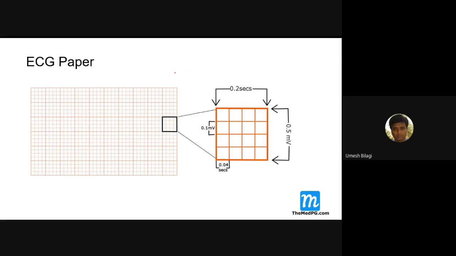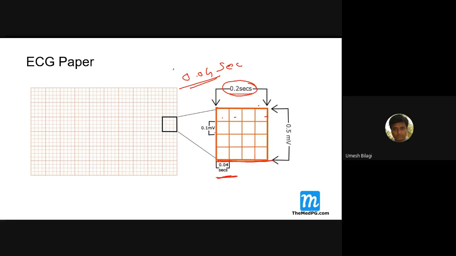With the default speed, this big square records 0.2 seconds. The small squares, how many are there in a big one? 4. Each small square records 0.04 seconds, and the big square records 0.2 seconds horizontally.